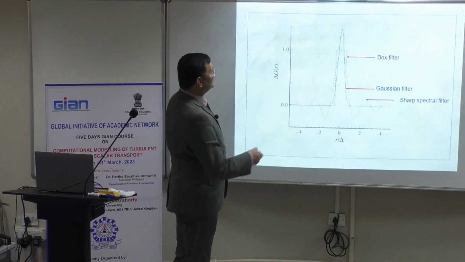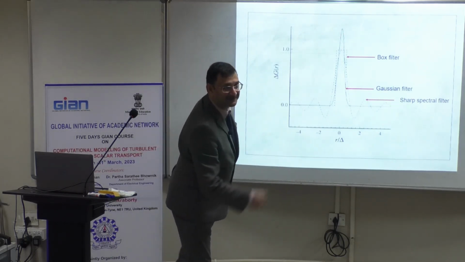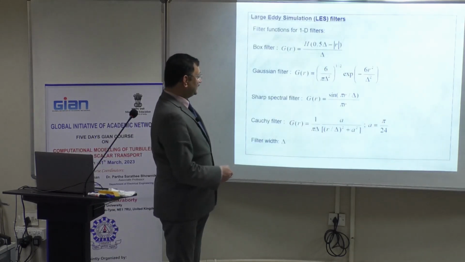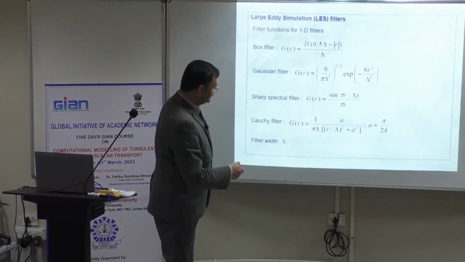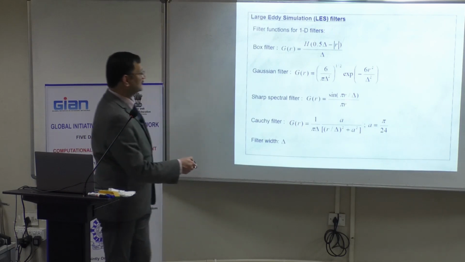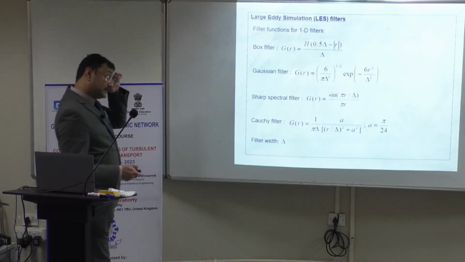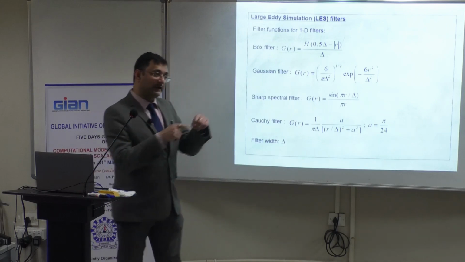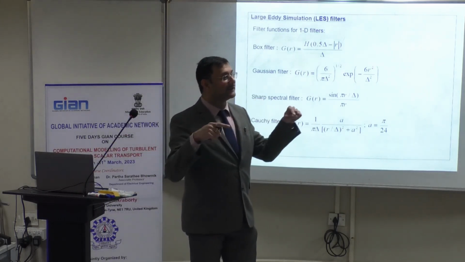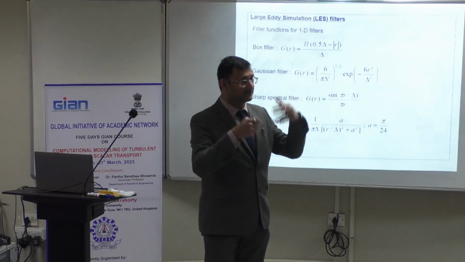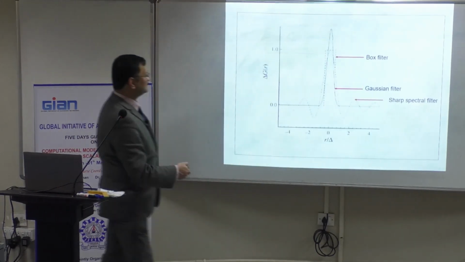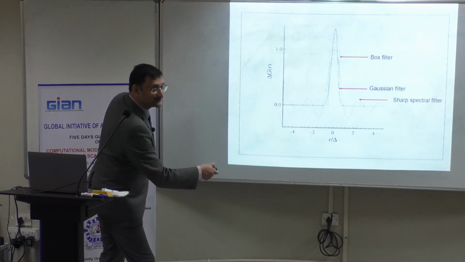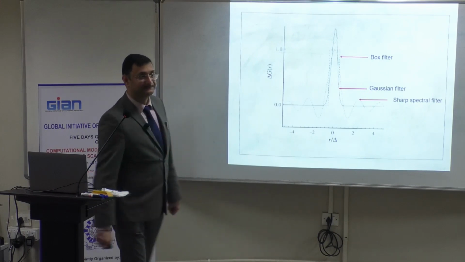Gaussian filter basically is a Gaussian function. No surprises there. Okay. Sharp spectral filter is actually given in terms of the sinc function. In wave number space it is going to look like a box filter. But when you look at it in physical space, the problem is that it has undershoots and overshoots.